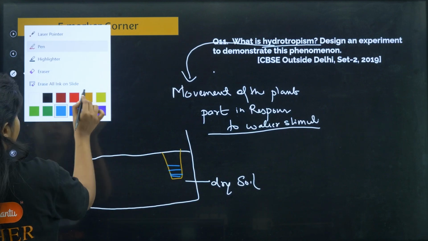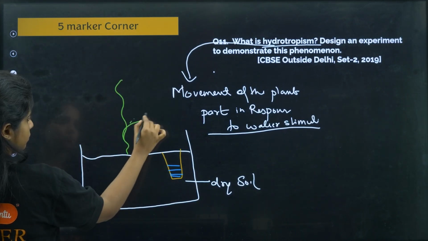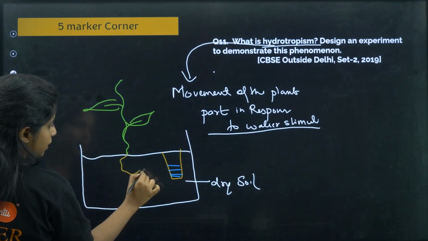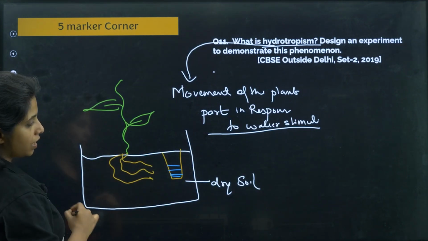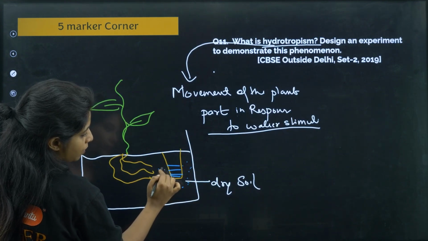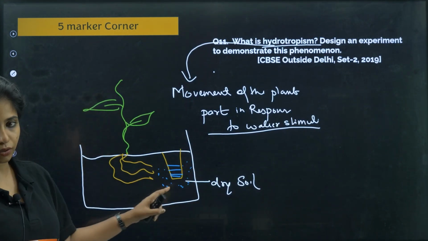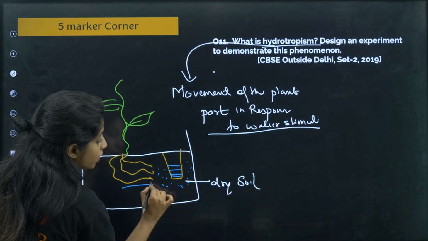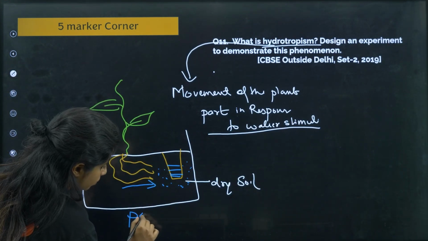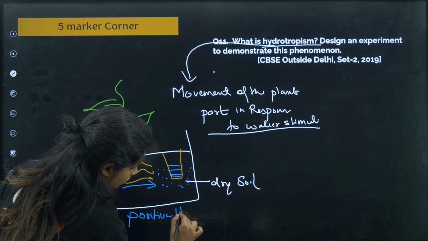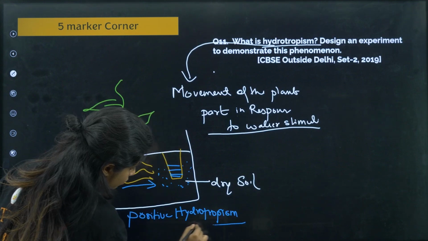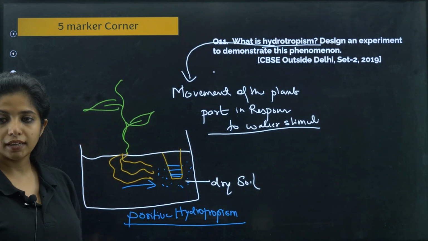Okay, now put your plant and then show that the roots basically are growing towards that side, because the water from the clay pot is going to seep out and be here. So basically the roots are going towards the water source. That means it is showing what? Positive hydrotropism.